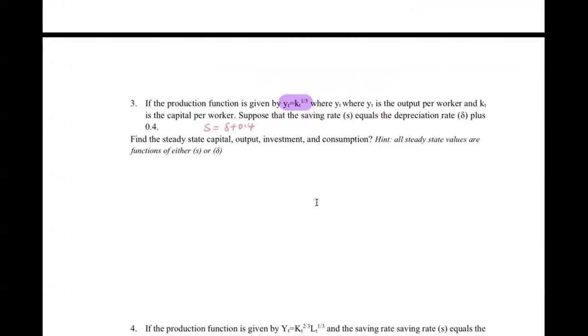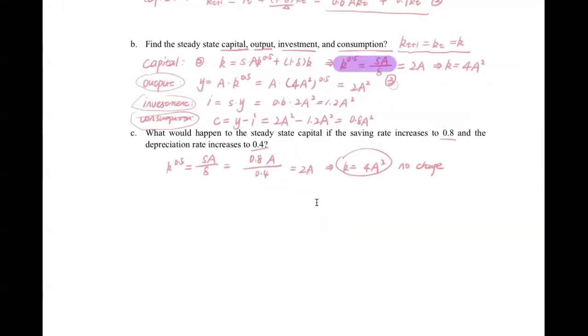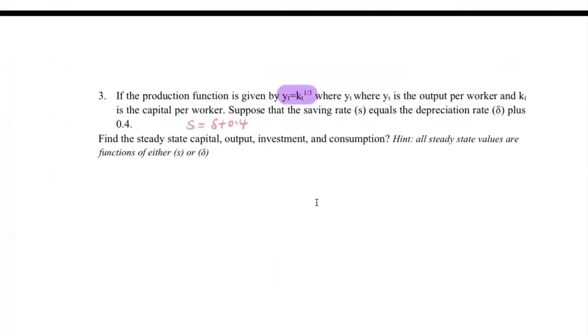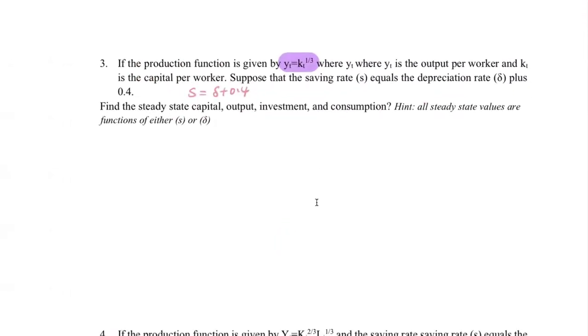According to this equation, equation 3, because now this is the power of 1 over 3. In the steady state, delta K equals S K to the power of 1 over 3.